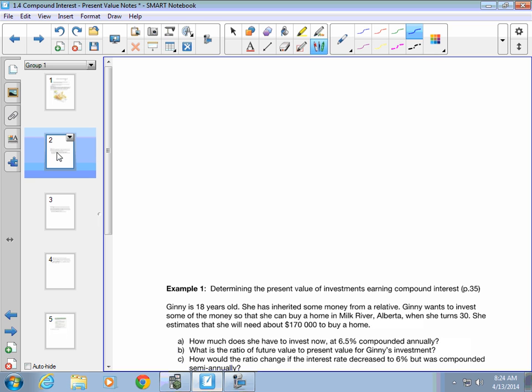To do the work for this, think about our formula for compound interest: A is equal to P times (1 plus I) to the power of N, where P is your initial investment, A is your future value, I is your interest rate, and N is the number of years, or number of compounds.